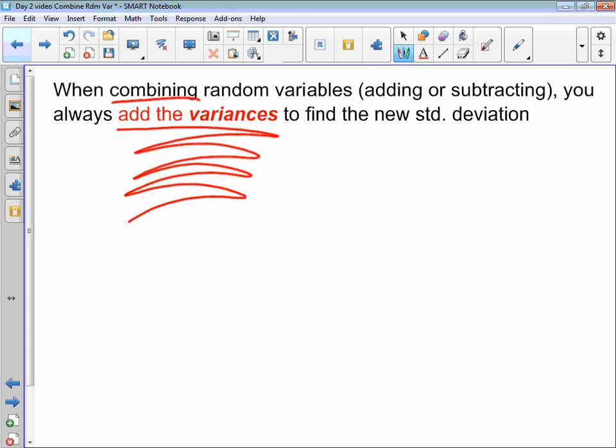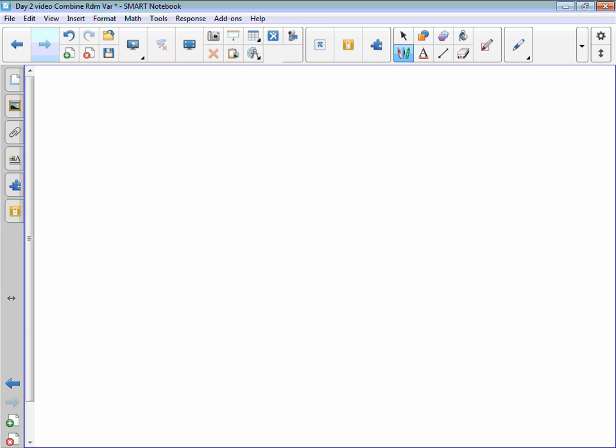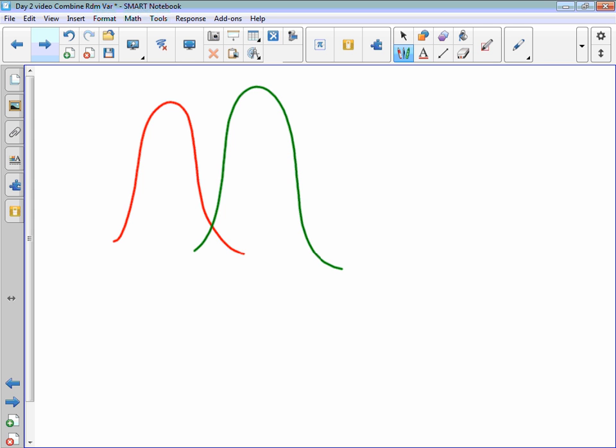I know that I went through a lot. Feel free to pause and go back. Let me just talk a little bit about subtracting two variables. If we're subtracting two random variables, we're going to find the difference. If this is mu x and this is mu y, then the resultant will be at mu x minus y.